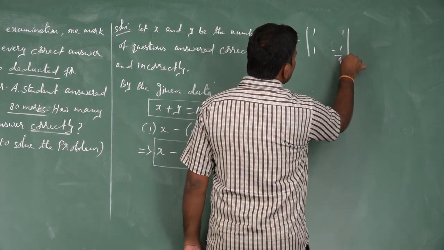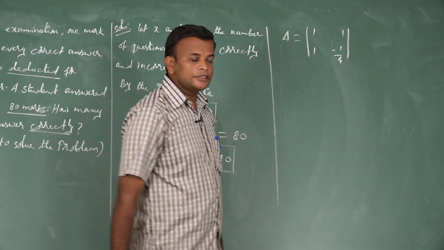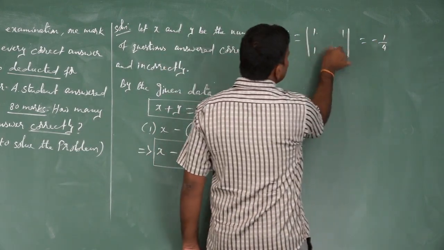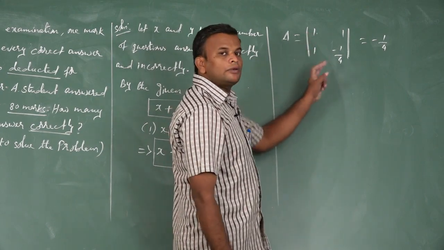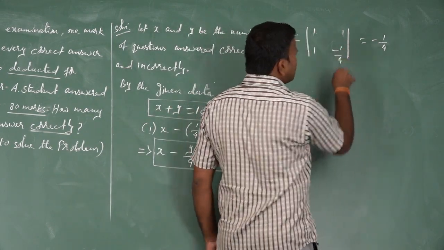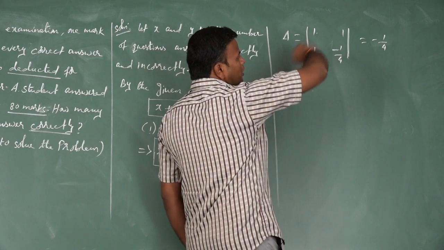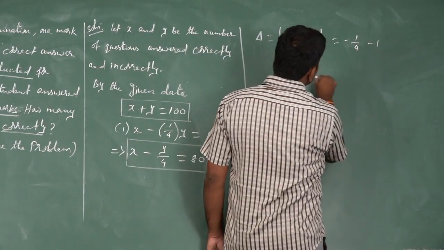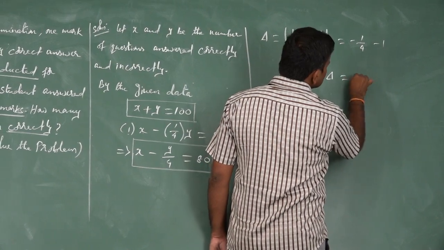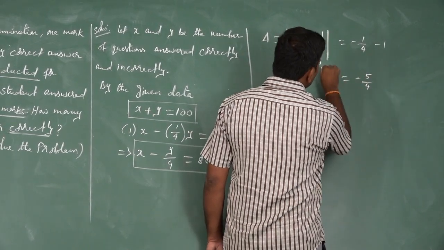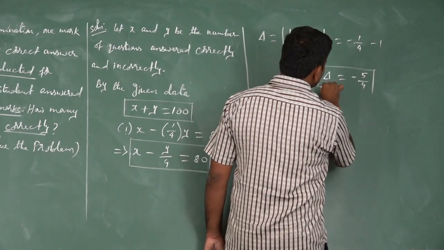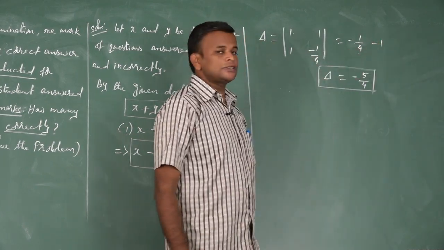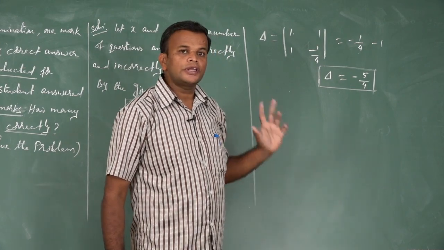So the value of del: first I multiply these two elements, 1 into minus 1 by 4 is minus 1 by 4. Next we multiply these two elements with a minus sign, minus 1. I cross multiply, minus 1 minus 4, so the value of del is minus 5 by 4.